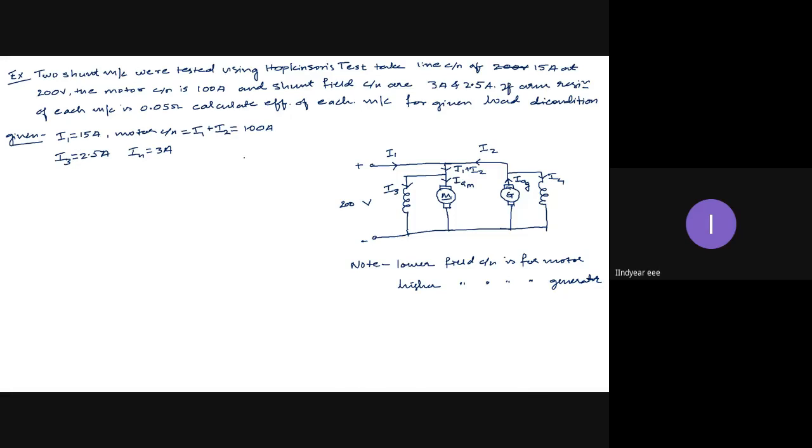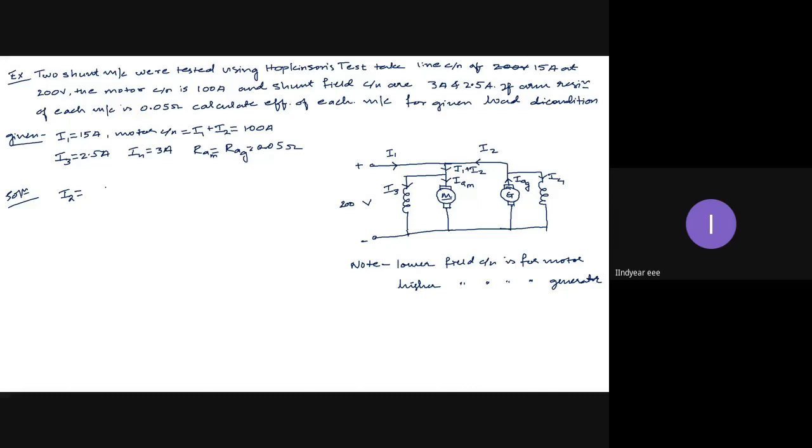Okay. Fine. Now, RAM and RAG are the same values. It is 0.05 ohms. The machines are identical. So this is the given data. Then what is the solution?